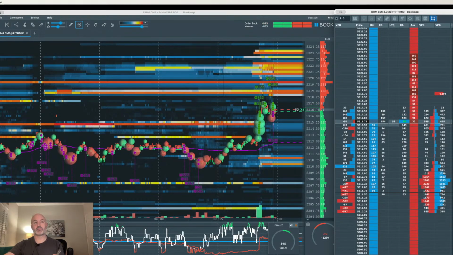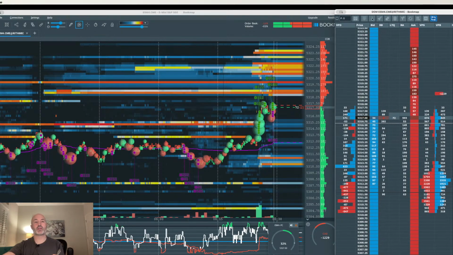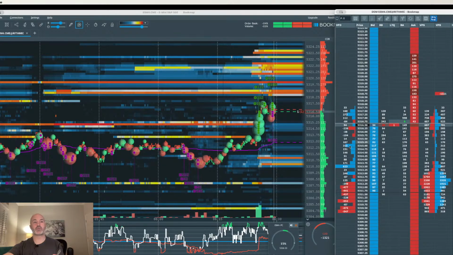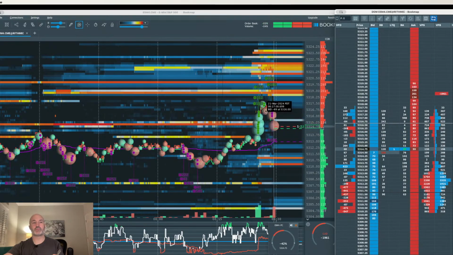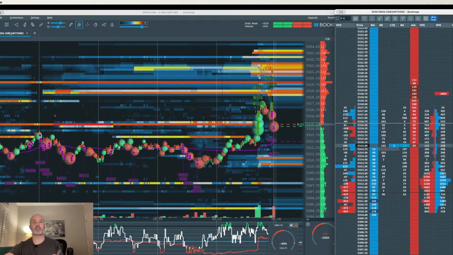I really like the DOM Pro a lot, which is this depth of market by price. So it's recording everything by the price. I'm sorry, not by time, but by price. We're one minute away.